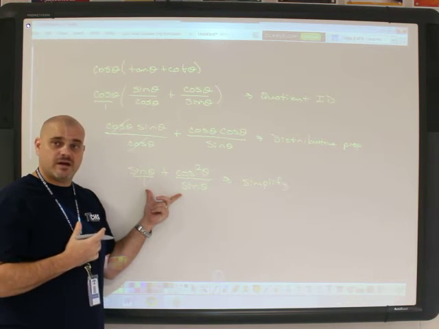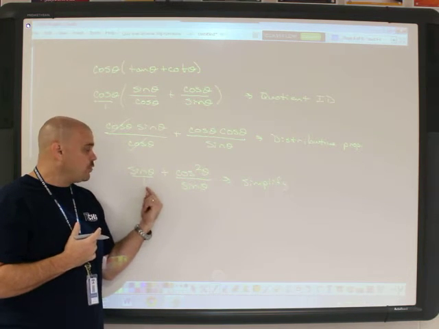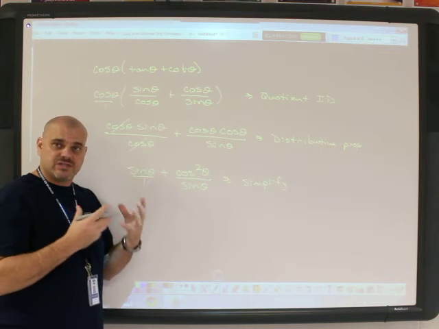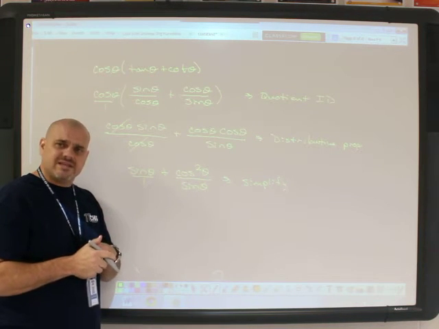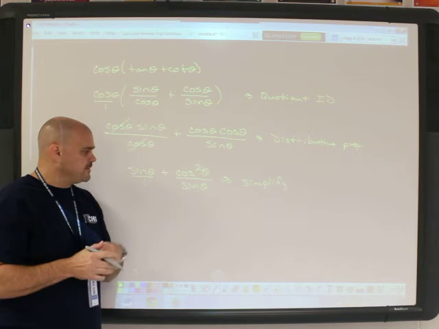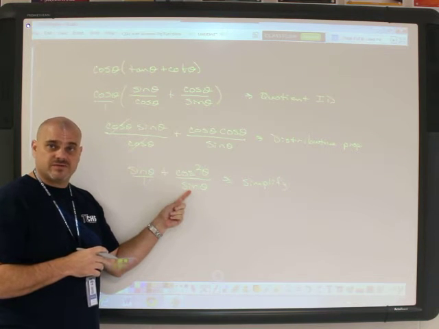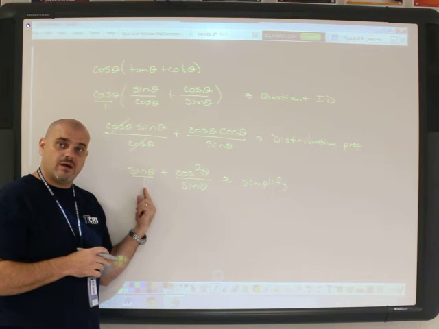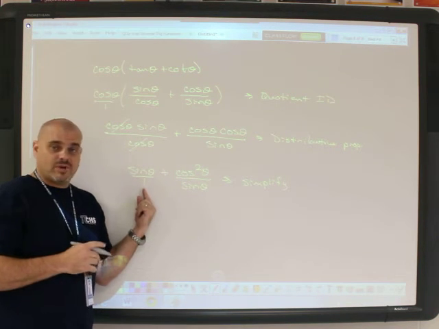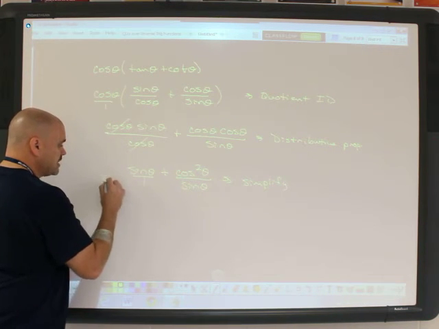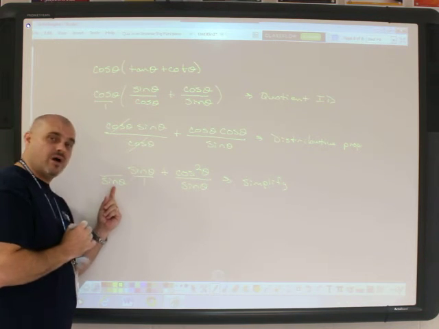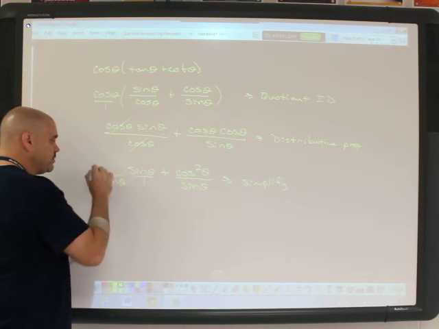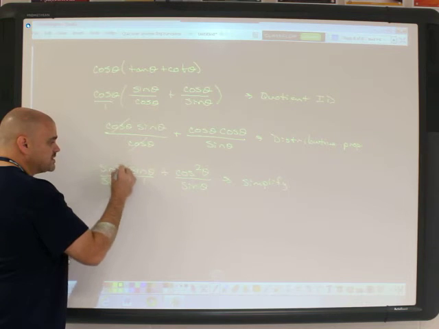So we have to find a common denominator, something that both 1 and sine of theta are divisible into. Well, I think sine theta will work for both of these. This one already has a denominator of sine theta. This one does not. So how am I going to get this to have a denominator of sine theta? I'll multiply it by sine theta, but if you multiply the bottom by sine theta, we have to multiply the top also by sine theta.